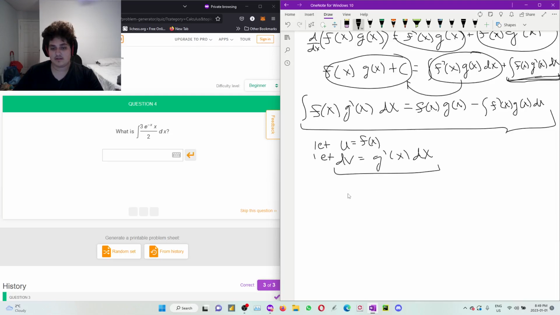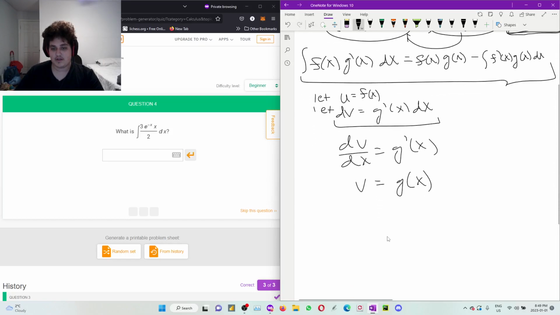This means that dv by dx is g prime x, which by definition means that v equals g of x. And if we have u equals f of x, that means that du by dx equals f prime x.